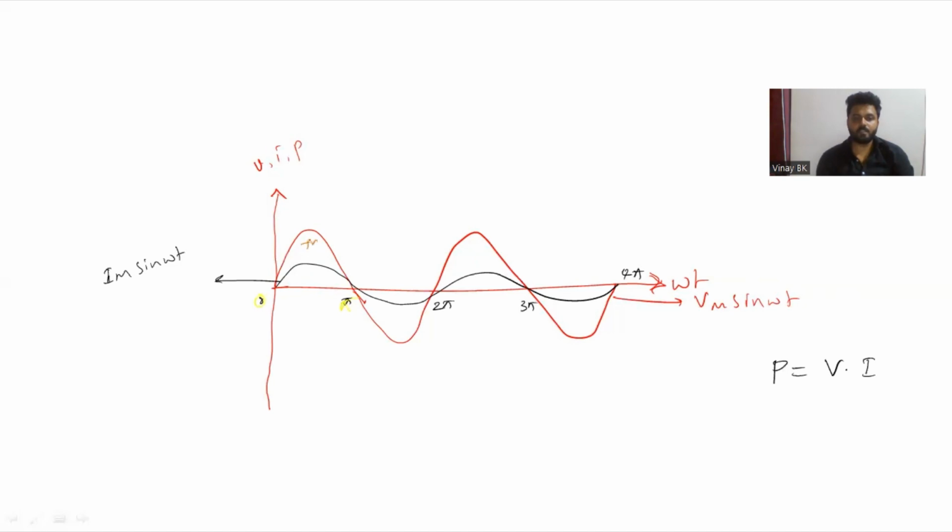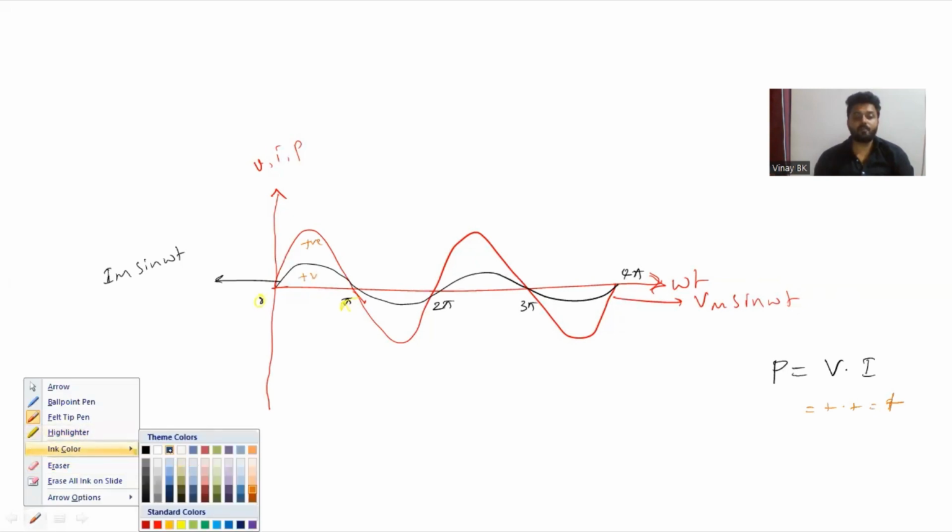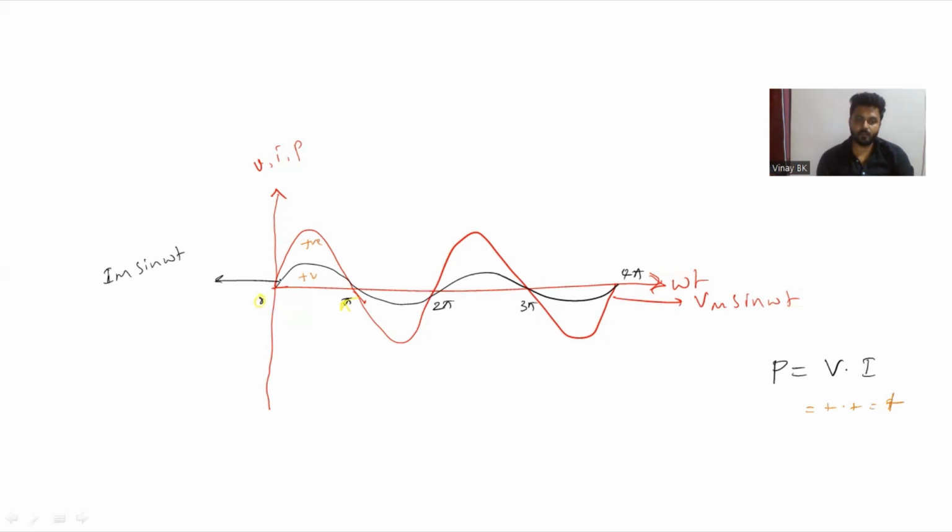V is positive and I is positive. Plus into plus is plus, so the power waveform comes in the positive half cycle, but the amplitude of the power waveform will be more than the amplitude of the voltage and current waveforms. So this is the power waveform.